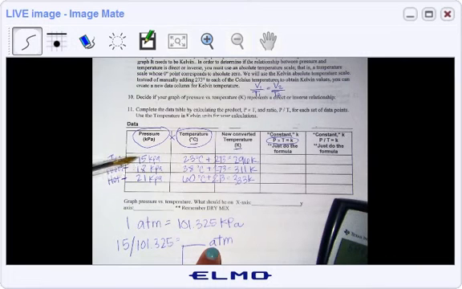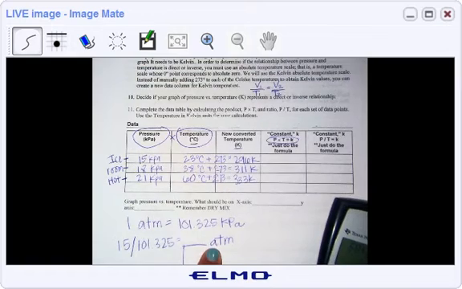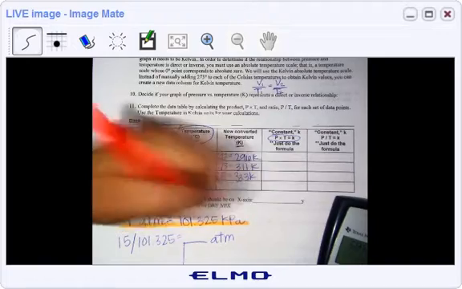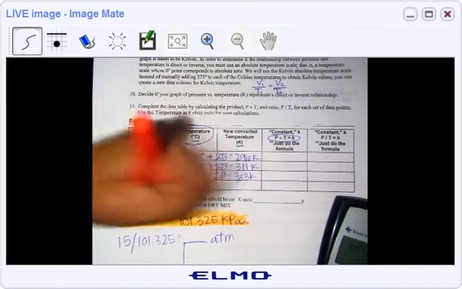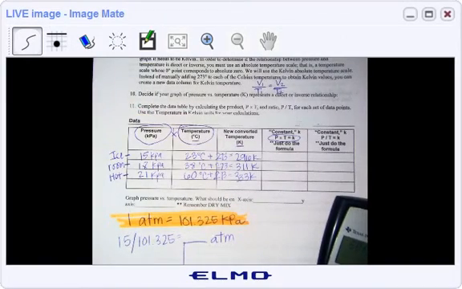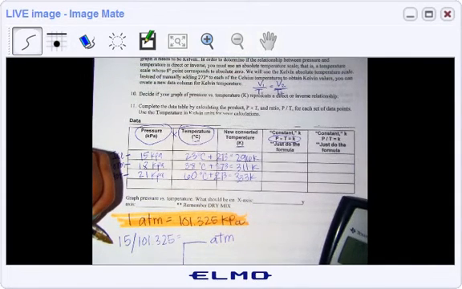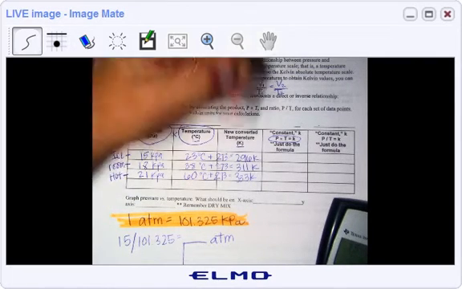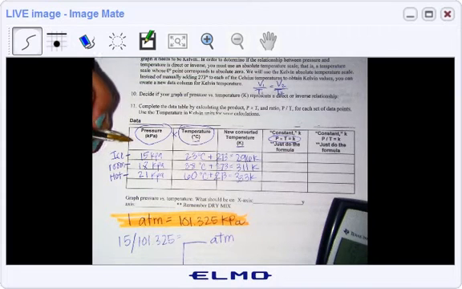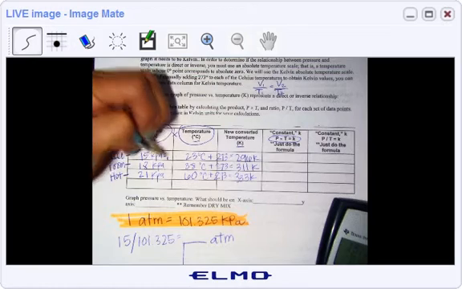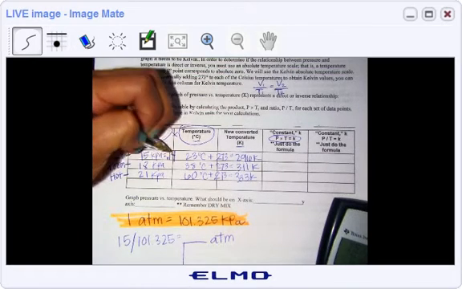So what you're going to do for all your pressures in kPa is divide by the conversion, just right here. So this is really 0.14 ATMs.